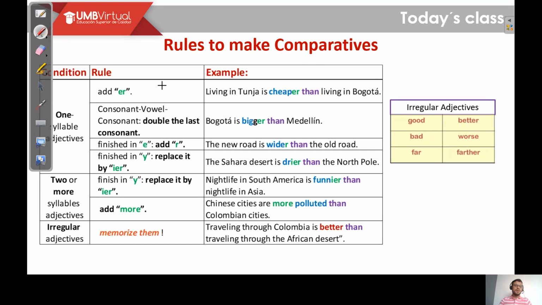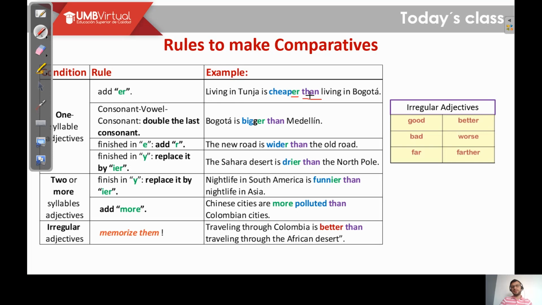So when you want to compare, for example, cities, you are going to use comparatives. How do you create comparatives? You are going to use the ER form, plus than. En español, than se traduce que, pero este que es el de comparar, ¿listo? No es el de hacer preguntas.